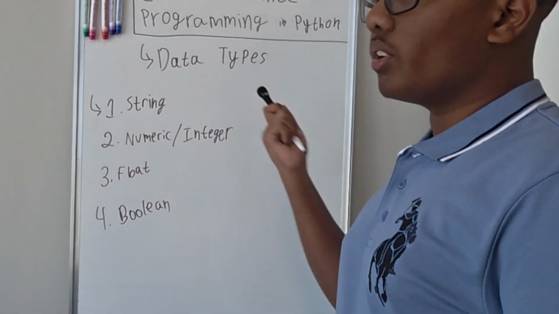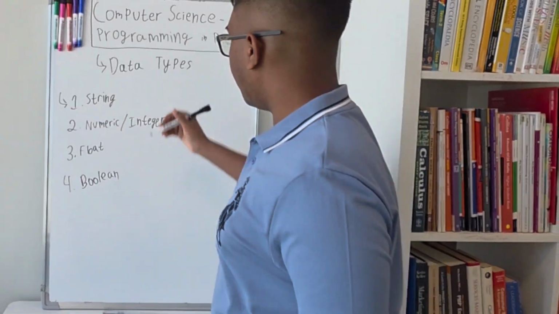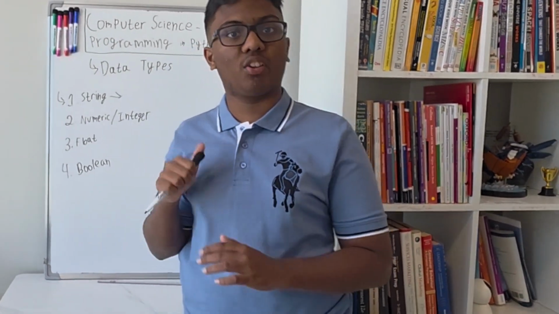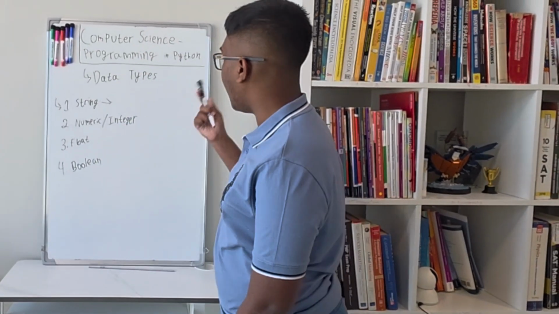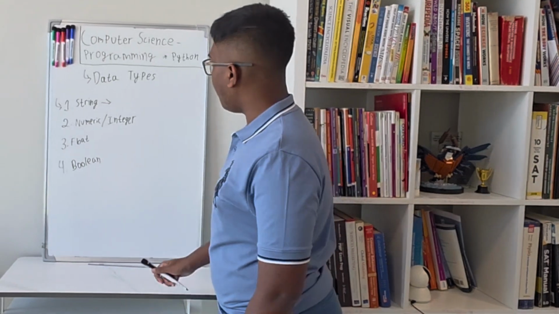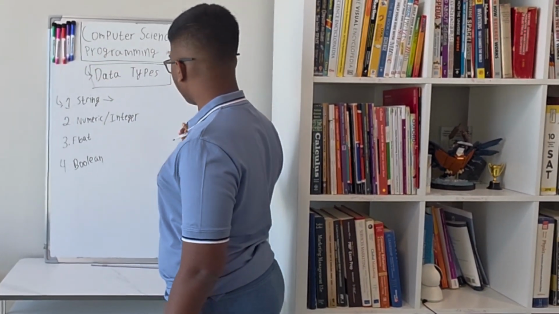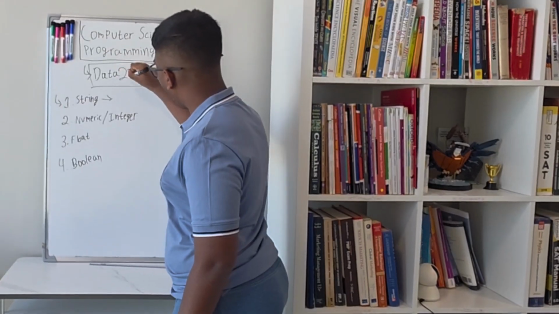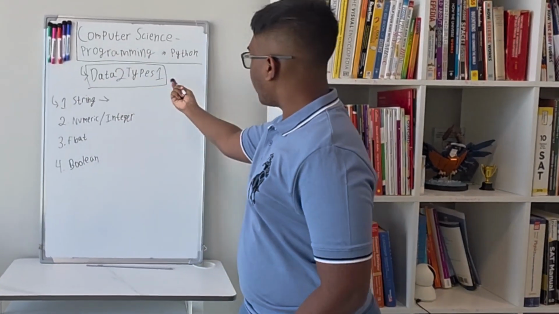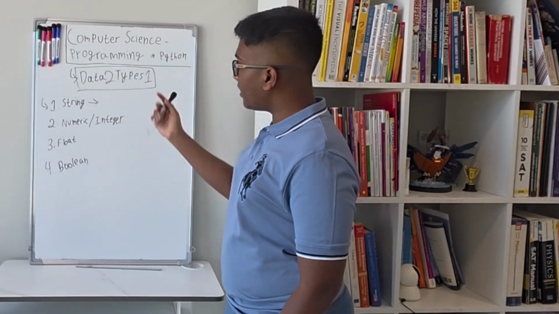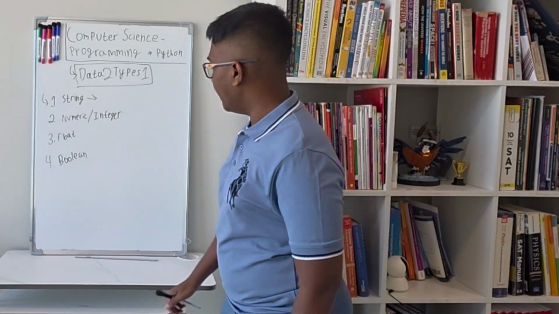Now, first of all, the string data type. A string is any set of letters or spaces or numbers. Any alphanumeric characters can be classified as a string. For example, the set of letters and spaces, data types, or if I add a 1 and if I add a 2 here, data 2 types 1, that is still a string.